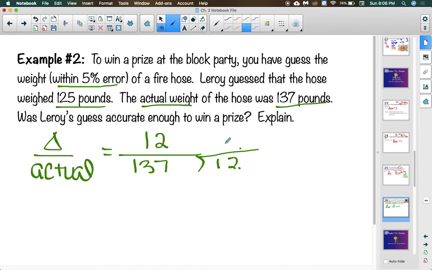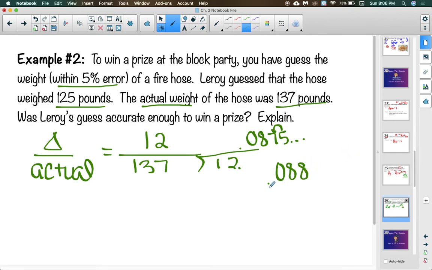And I'm getting 0.0875 and it keeps going. So if I want to round this, maybe I'll be a little more accurate this time. I'm going to round to the thousandth place. I'm going to have to use that 5 to tell me that I round the 7 up. So I get 0.088. That's not yet a percent.